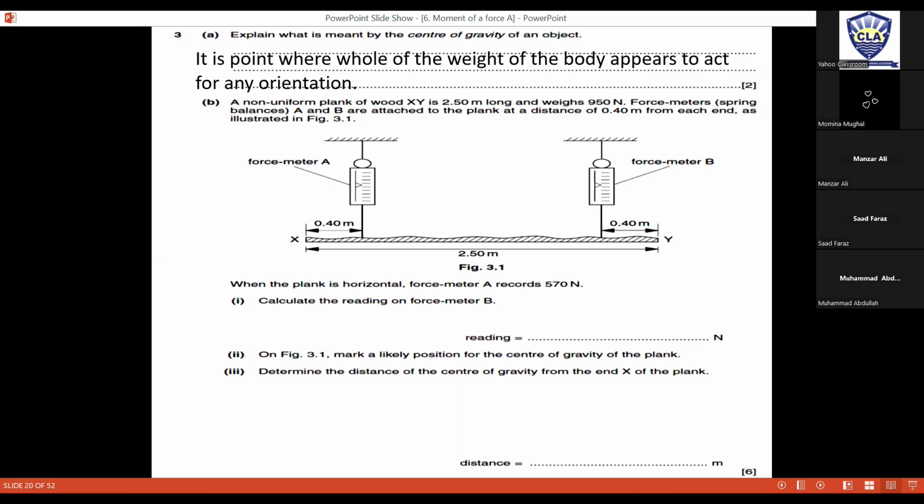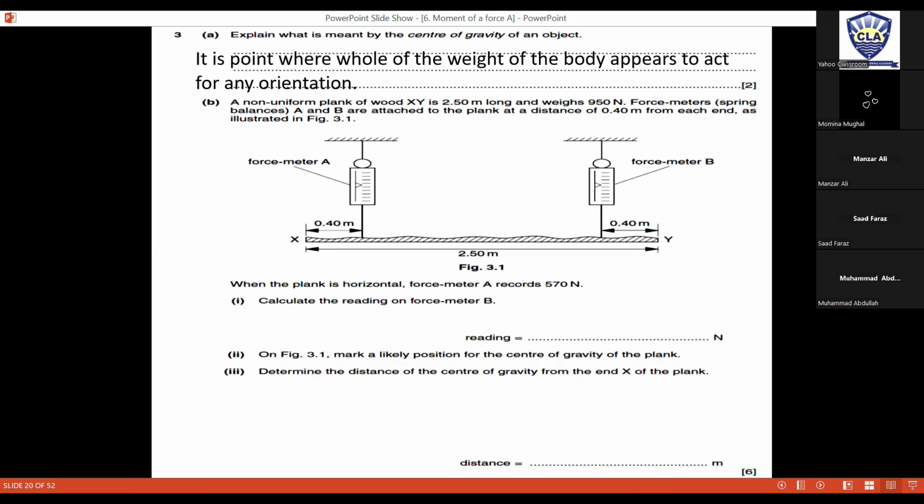Now we have two Newton meters supporting a wood XY. The length of the wood is given to you as 2.5, the weight of the wood is given to you as 950, and the force on one of the Newton meters, A, is given to you as 570.